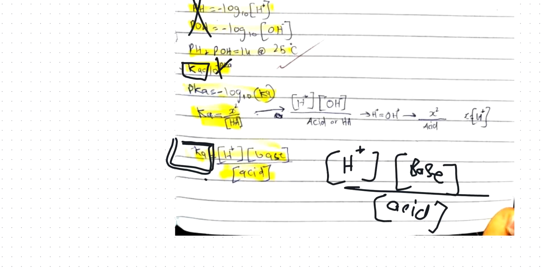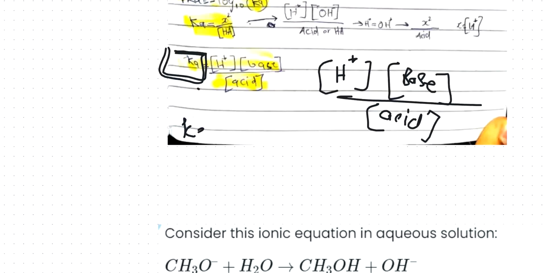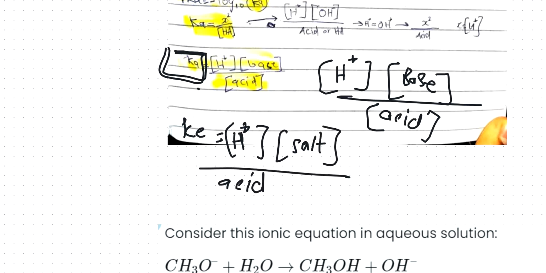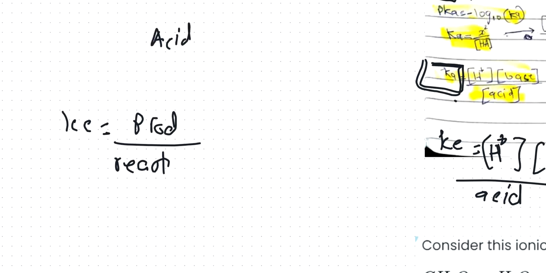And similarly, Kc is the H plus ions times the salt over the acid. And remember, Kc is the product concentration over the reactant concentration. Usually when you're reacting an acid with a base, what you're getting is salt plus H plus ions or OH minus ions.